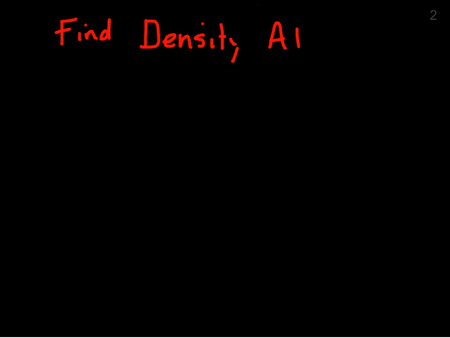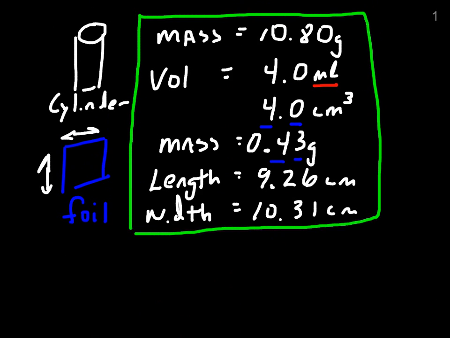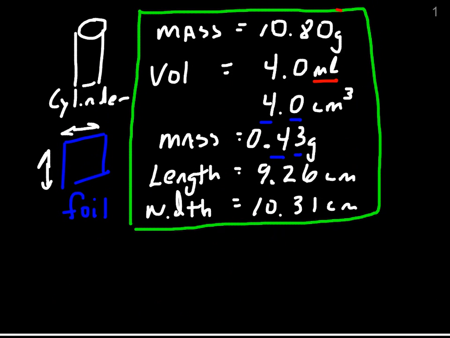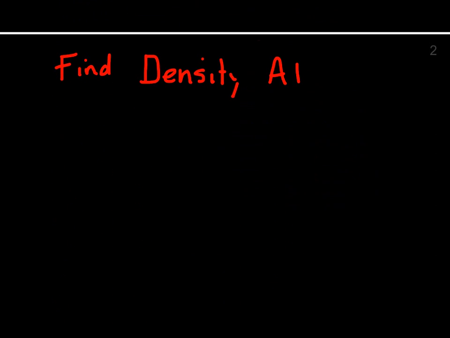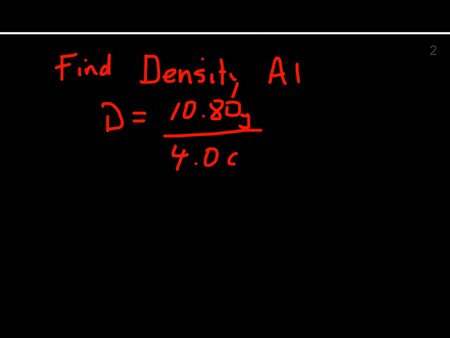What I'm going to use for the density are these two values right here, because density is mass over volume. So the density will be equal to 10.80 grams divided by 4.0 cubic centimeters.